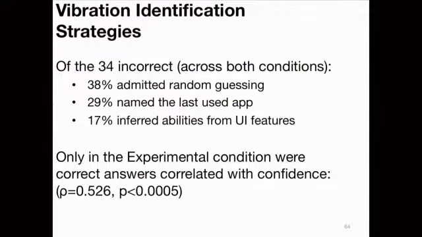And so finally, of the incorrect ones, there was a plurality who admitted random guessing because they didn't know what to do. 29% named the last app. And what's interesting, both on this misbehavior and the other one, there was a small minority who simply inferred the abilities based on the UI. So they said, within this particular app, there's a settings panel for controlling a vibration feature.